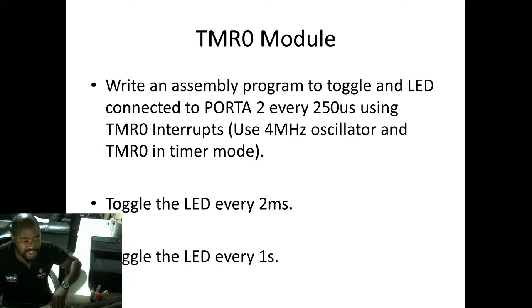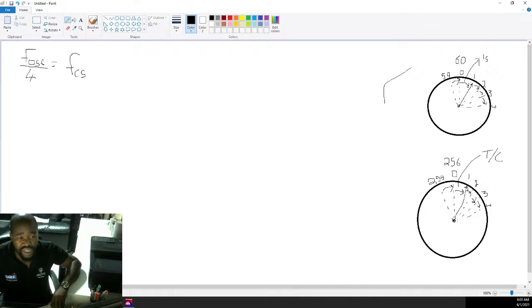Hence we can proceed and say, with our 4 megahertz, what will be the clock source? Our clock source is going to be that 4 megahertz divided by 4, and that will give us a clock source of 1 megahertz.